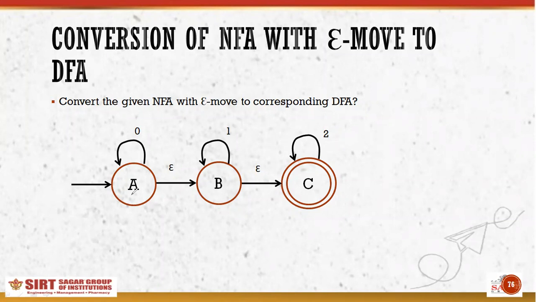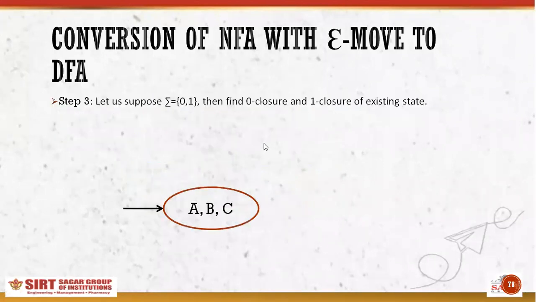So on giving 0 to A, we can stay at A, B, or C. So the answer will be A, B, and C. The same thing is written here also, that the 0 closure of ABC equals ABC.